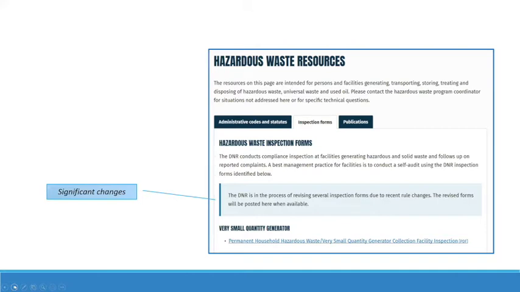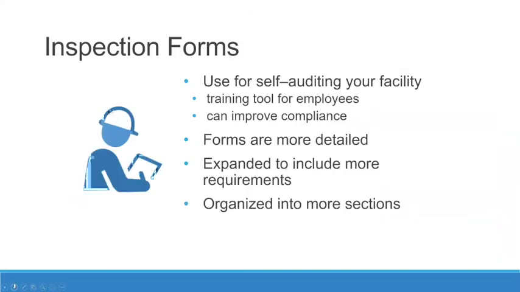Let's go to the next slide. The inspection forms are a really useful tool for facilities to self-audit. They are the same inspection forms that we use when we come out. It also provides a training tool for employees that is useful for improving compliance.